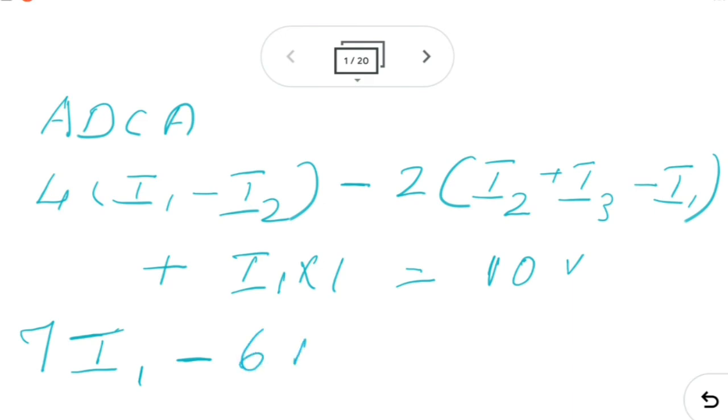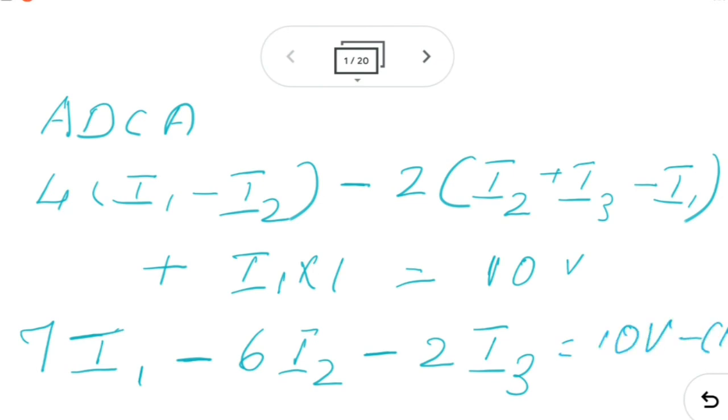Then the I3 term, only one I3 term, that is minus 2I3, equal to 10 volt. So this you can call the first equation. You have an equation in I1, I2 and I3.